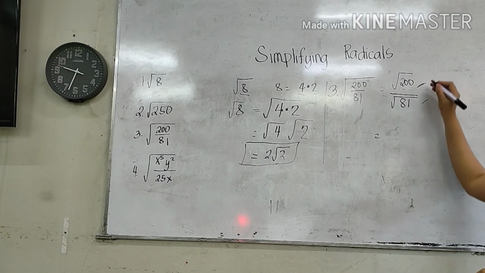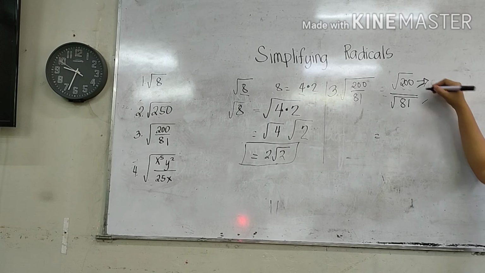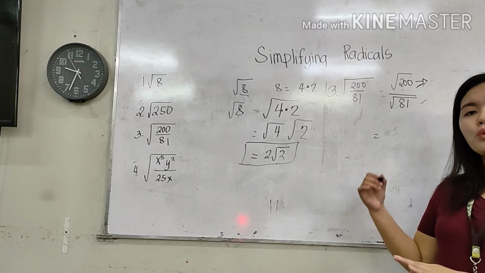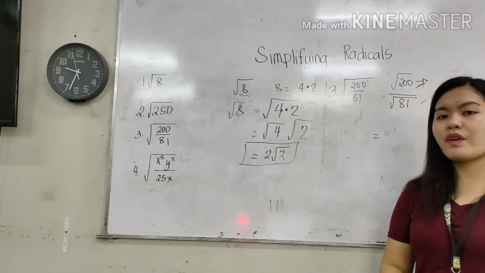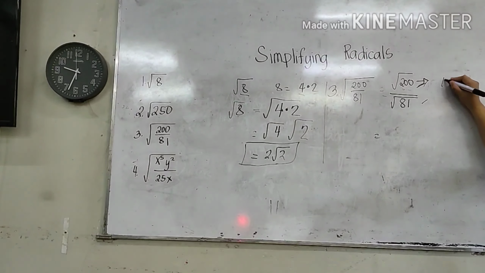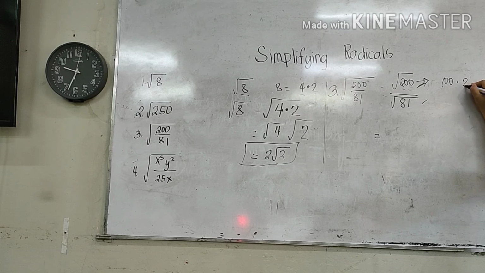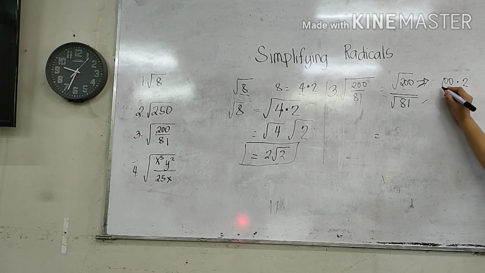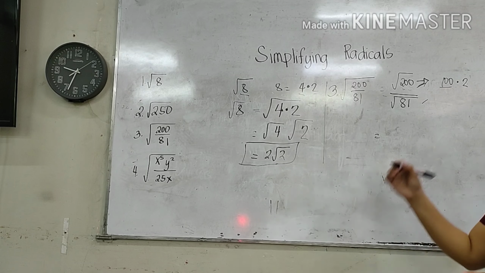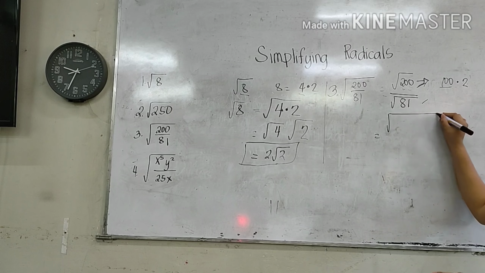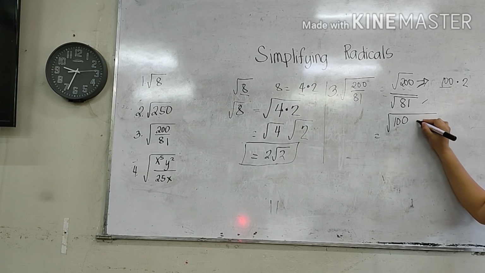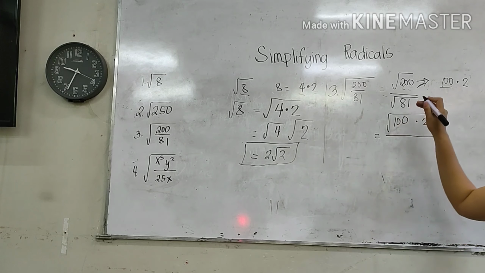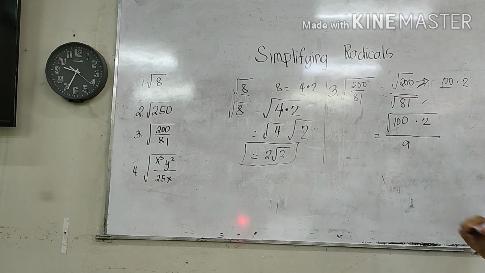So what we're going to do here is to factor the 200. Think of a factor of 200 that is a perfect square. So we can say 100 times 2. 100 times 2 is equal to 200. So we will use 100, which is a perfect square number. So let's write the square root of 100 times 2 over the square root of 81. The square root of 81 is simply 9.